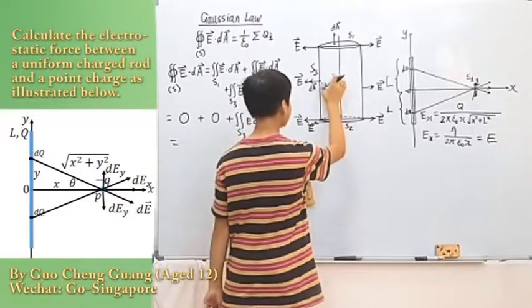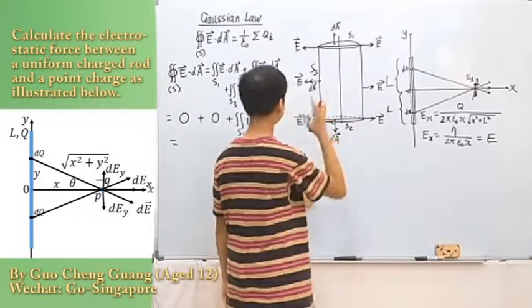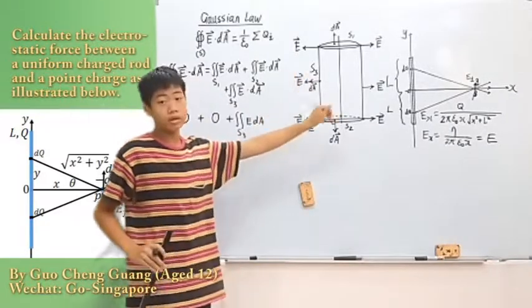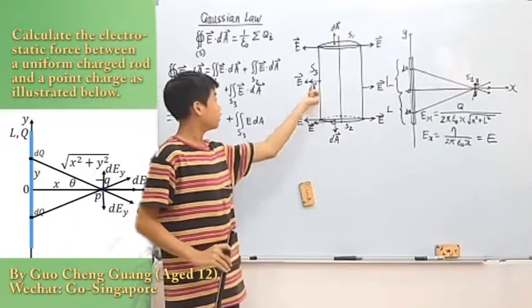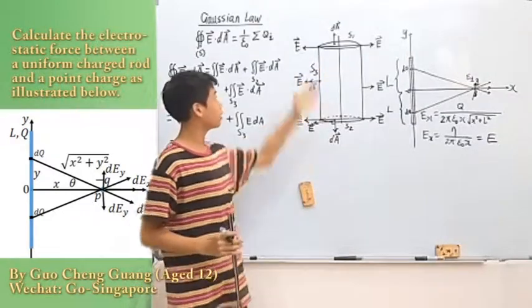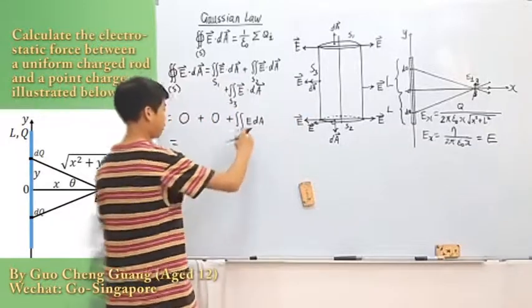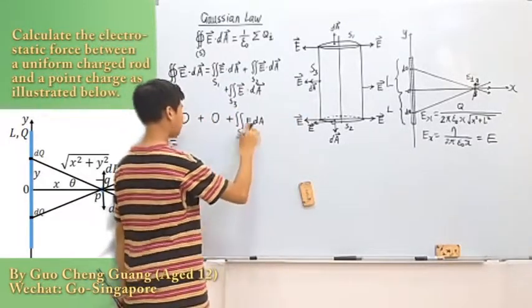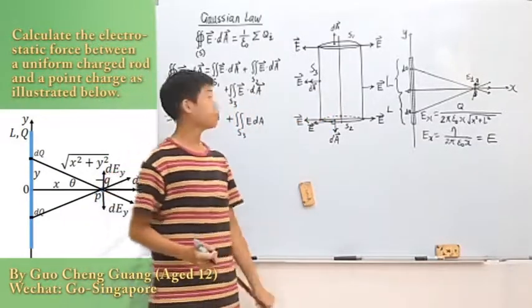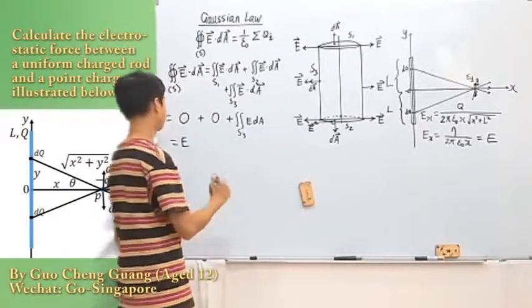We know that every single distance is the same, and the object is infinitely long, so the y components all cancel out, and they all have the same value. So E becomes a constant. E is a constant in this example, not in every example you just say E is constant. In this example, yes, E is a constant.